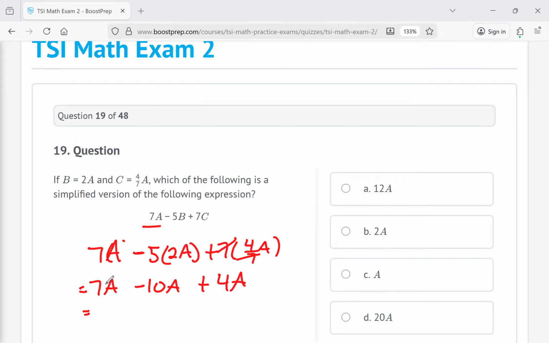And then it's all about combining like terms, so 7a plus 4a is 8, 9, 10, 11, so 11a. And then you have a negative 10a. So what's 11a minus 10a? It is 1a. So letter C is the correct answer.